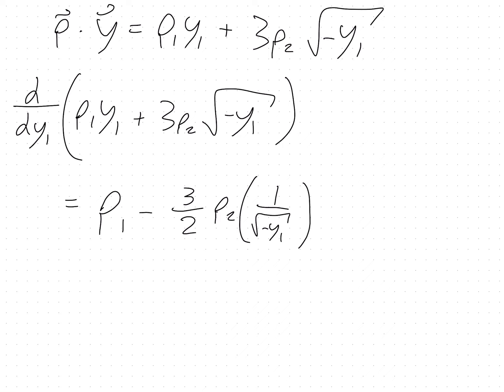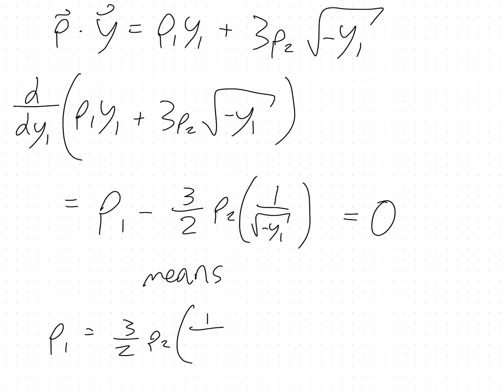And now to set that equal to 0 means p1 equals 3 over 2 p2, 1 over root negative y1. We can move this to the other side, so we get root negative y1. We can move this to this other side. We can now square both sides and get rid of this piece.